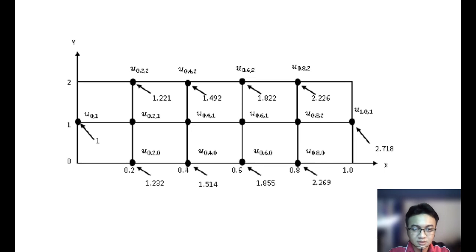This grid is drawn based on the equations calculated from the selected values, such as 0.2, 0.4, 0.6 and 0.8. Each value is calculated based on the equation shown previously.